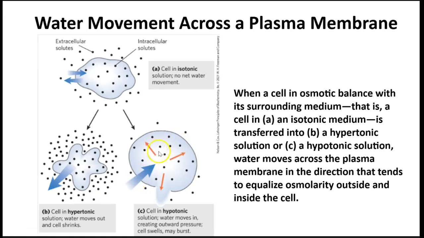But if you don't have as much water inside the cell, and you have more salt within there, then on the outside there's too much water around, and so it wants to go inside the cell where there is less water, and then you have this hypotonic state where there is cell swelling and the cell might burst.